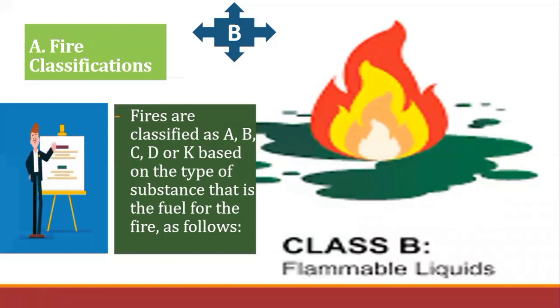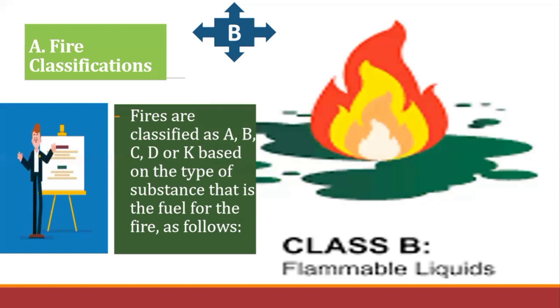In cases where you are dealing with class B fires, what is the best type of extinguisher you can make use of? You cannot make use of water, as we have discussed in the properties of fire. When the flammable liquids are poured into water, they will float, and when mixed with water, there is a possibility that the fire may reignite.